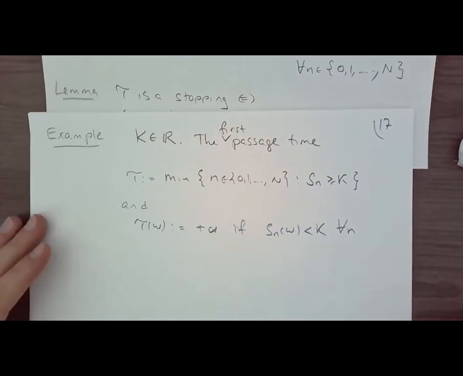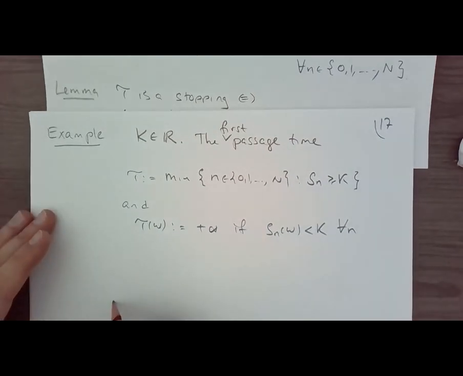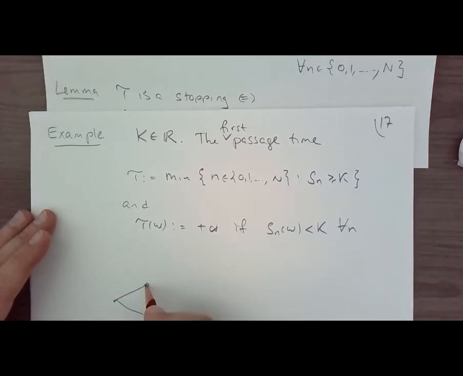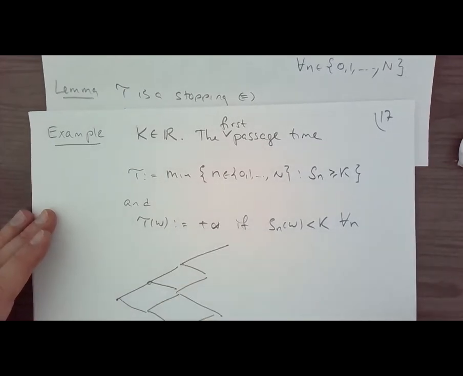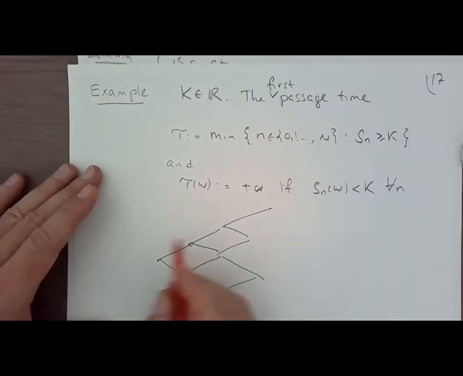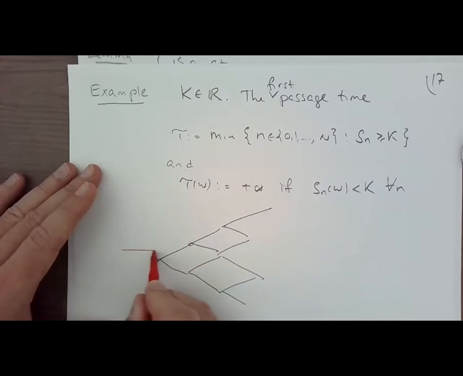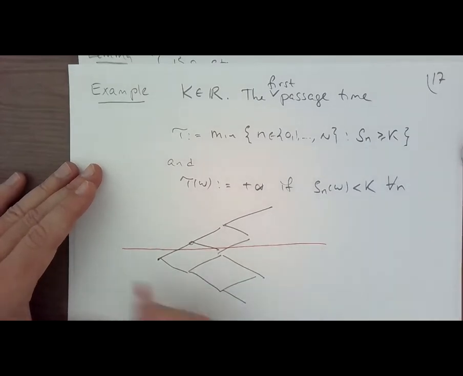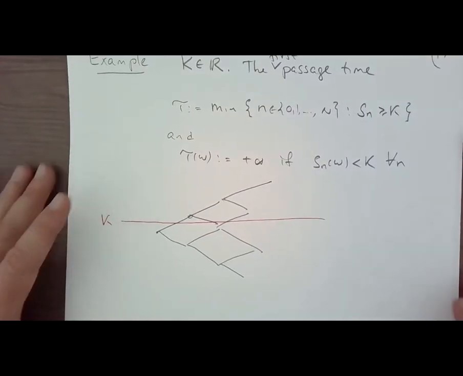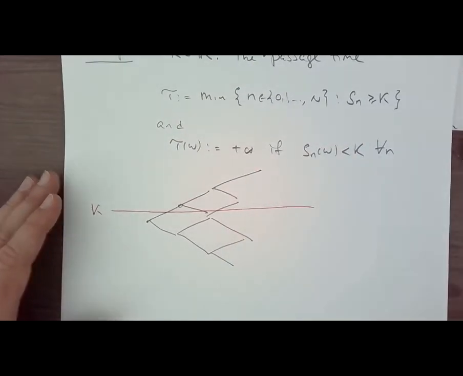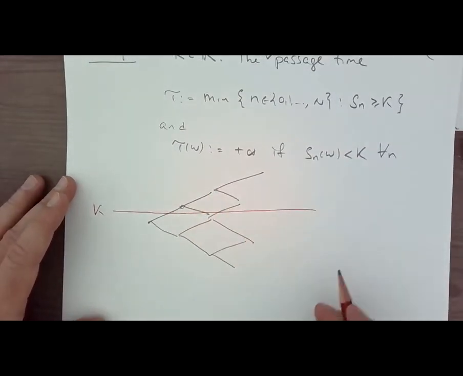Right, so on the picture, we'll have our tree, and we put in a threshold K. So we have 3 coin flips.